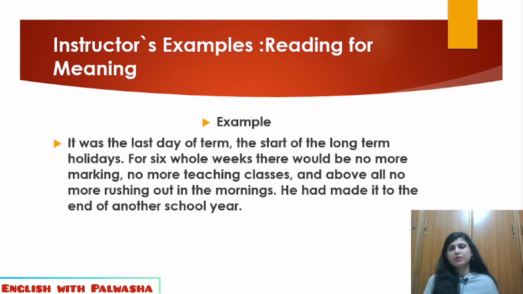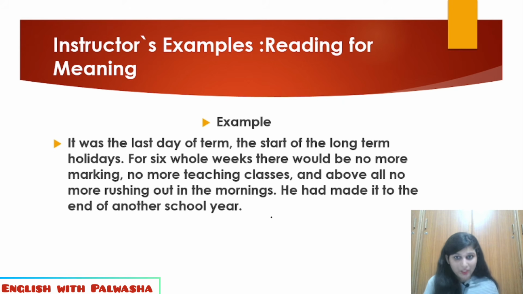Okay, so my dear students, it's the instructor's example, reading for meaning, and it goes: it was the last day of term, the start of the long-term holidays. For 6 whole weeks there would be no more marking, no more teaching classes, and above all, no more rushing out in the mornings. He had made it to the end of another school year.